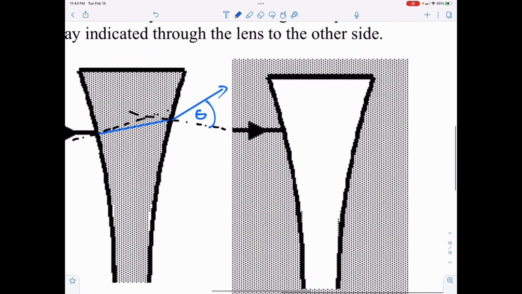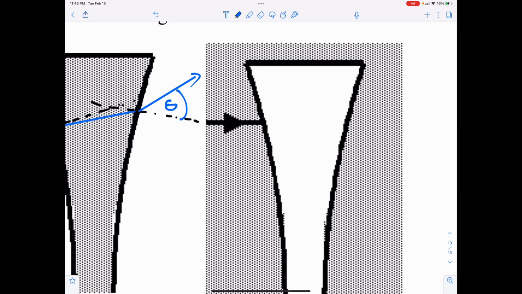Now the opposite is true for this one. Here's my normal, and I'm going from high optical density to low optical density, so I should be refracting farther from that normal, like that. There's my theta 1, there's my theta 2, it's going to be a lot larger.